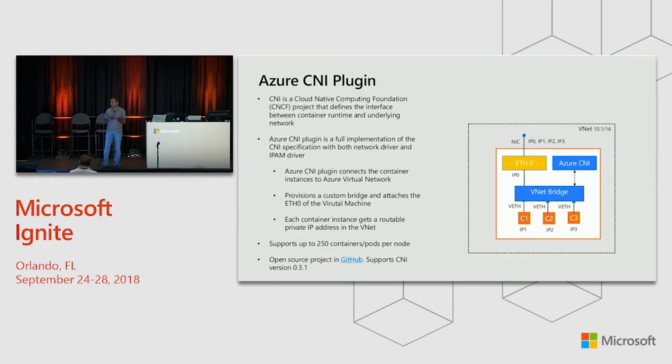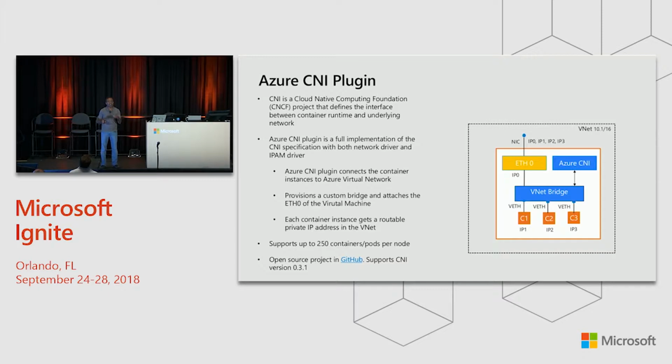A network driver is really the interface that you give to the container, and the IPAM driver provides the IP addresses that you give to the containers. So what we did in Azure is we built an implementation of this, Azure CNI. And CNI is the most standard thing used by the Kubernetes community, right? If you're using Kubernetes for orchestration of your containers, the networking is usually provided by the CNI.